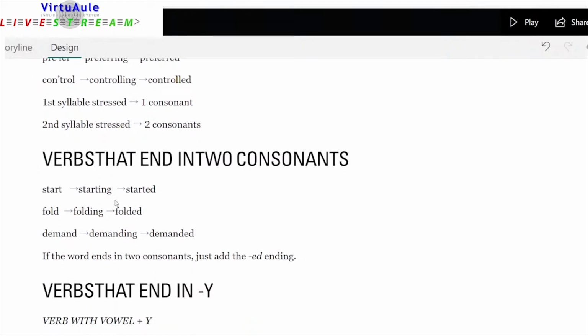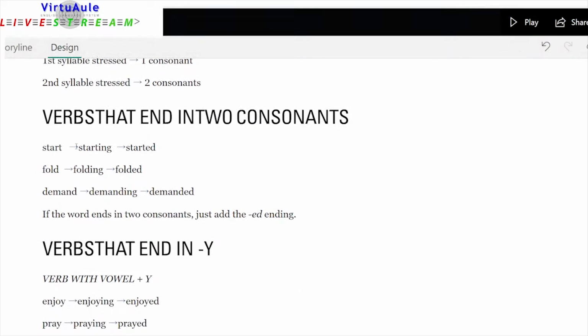Verbs that end in two consonants. Yes, R and T, there they are, two consonants. Start, S-T-A-R-T, two consonants. So what happens here? Here you have starting. You have two consonants, and so you just add ing. Same with the past participle, started.